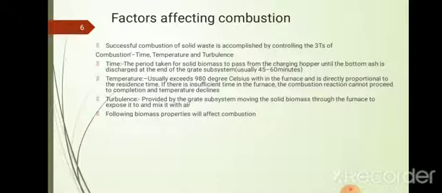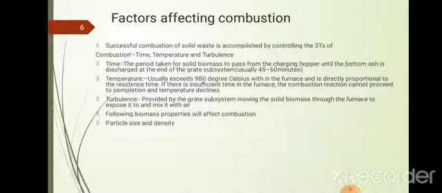So different biomass will have different combustion characteristics. For example, if you take wood chips, it will have some combustion characteristics, but if you take another biomass like sawdust or some other coir pith, it will have other combustion characteristics.